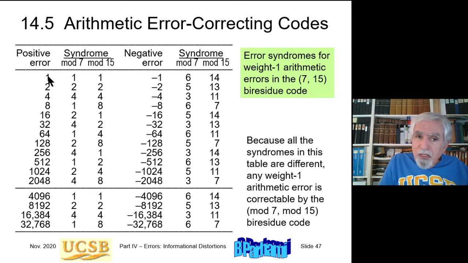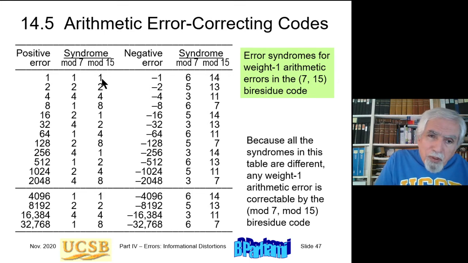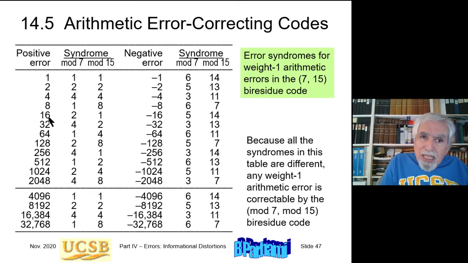If you increase the data word by 1, its mod 7 residue will increase by 1. Its mod 15 residue will increase by 1. Okay, if you add 16, the mod 7 residue will increase by 2 because 16 is 2 mod 7. And the mod 15 residue will increase by 1. And similarly for the subtraction.